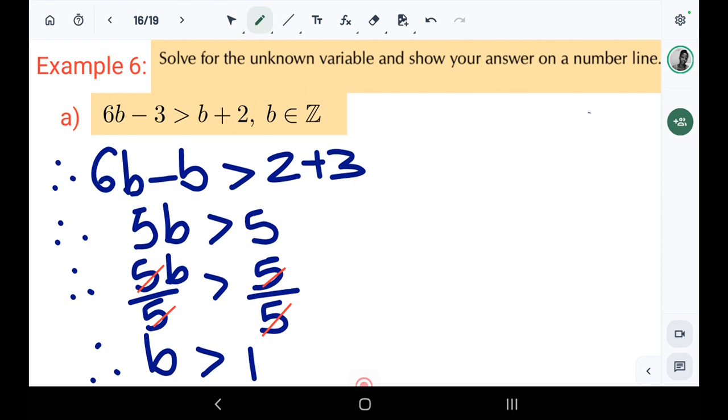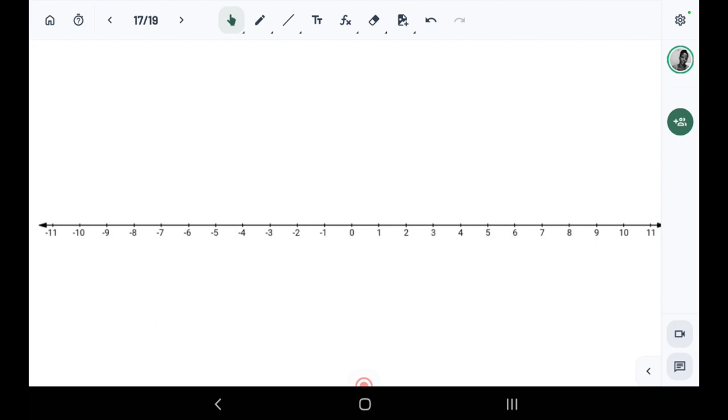Now how do we represent that on a number line? Notice something also. Like I said, your b must be an element of integers. It must be an integer. Meaning it must just be whole numbers that are bigger than 1. That means 1 is not included. So how do we represent that on a number line?